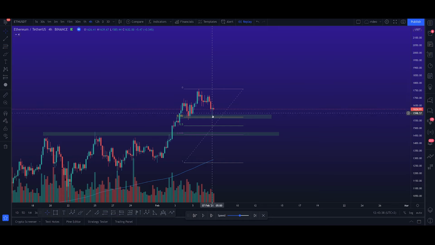This long wick right here is stopping me from taking a trade right now, because one, it messed up my risk reward ratio. So the distance to the stop loss is very big compared to the distance to the potential take profit, which is right here.